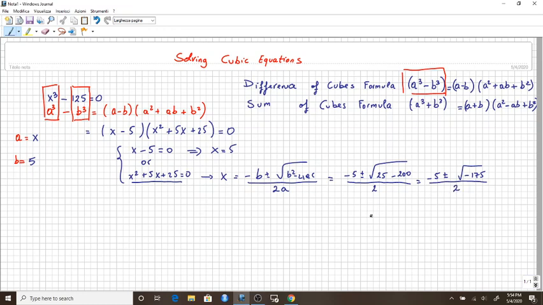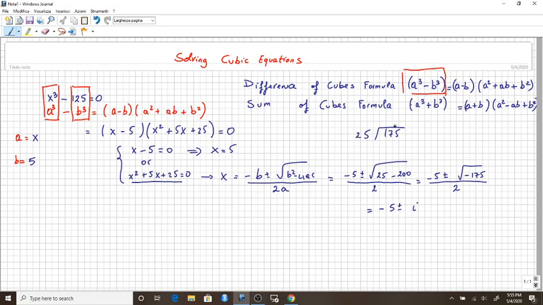So now let's see if we can simplify this. The negative becomes i. So we get negative 5 plus or minus i. Let me see if we can simplify the 75. It will be 75 divided by 5. This should be 7, right? Let me see. 175, if we divide by 5. Sorry, if we divide by 25, not by 5.